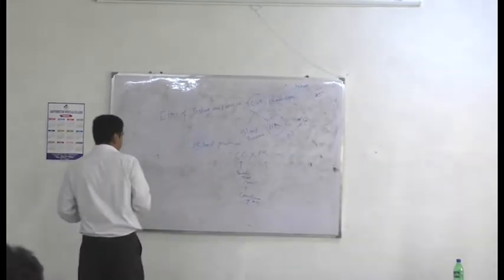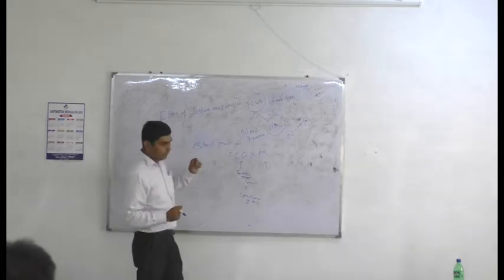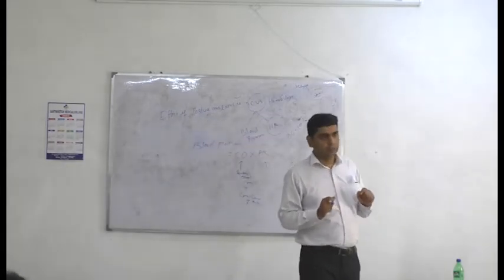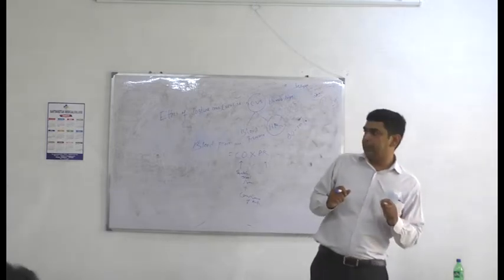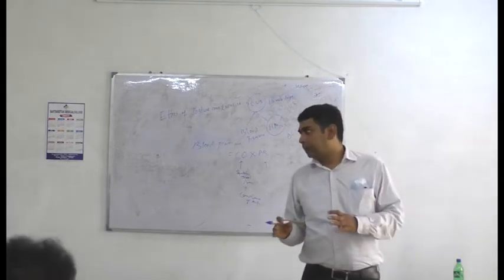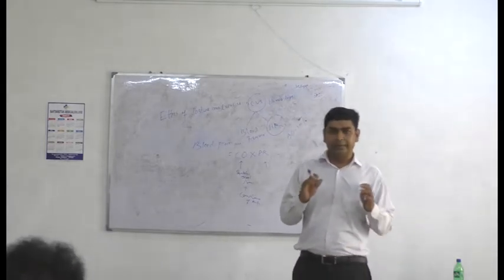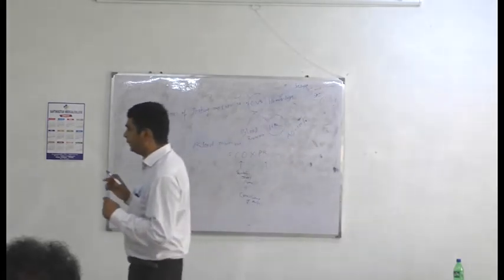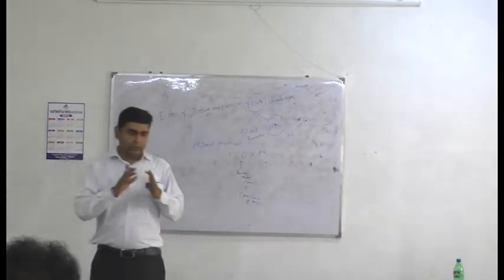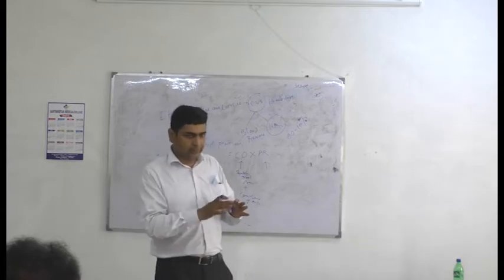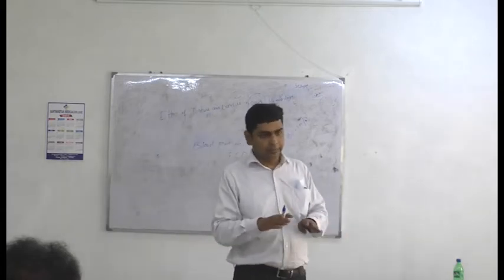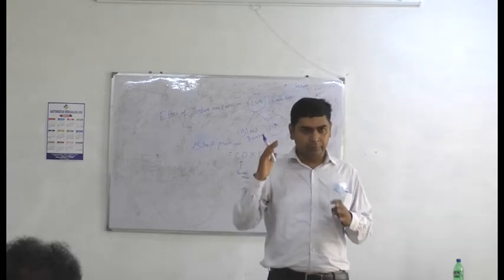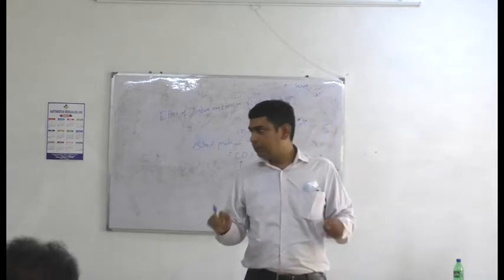Now there is some mechanism to control our blood pressure. What happens when we are lying down and when we are standing? If a person is lying down, the blood is at the same level in the legs, in the heart, and in the brain.